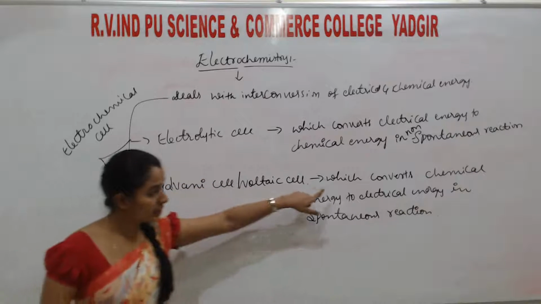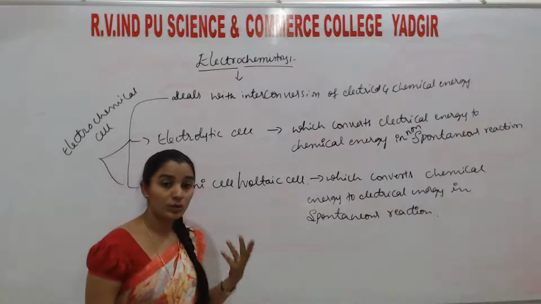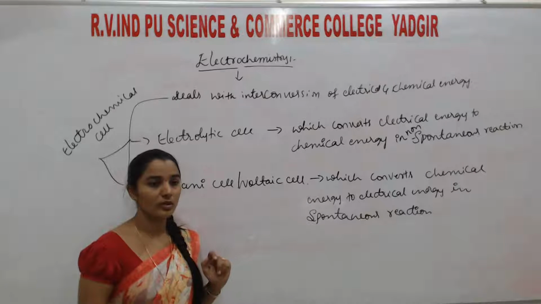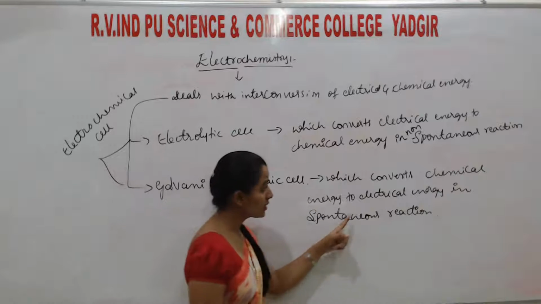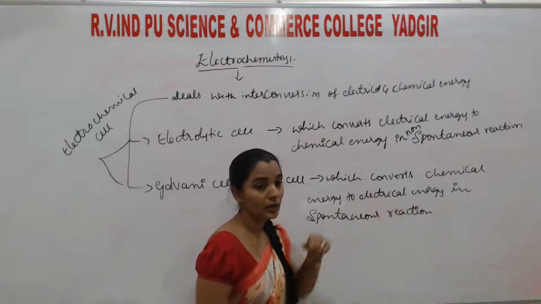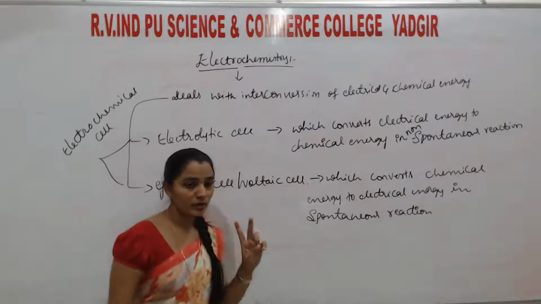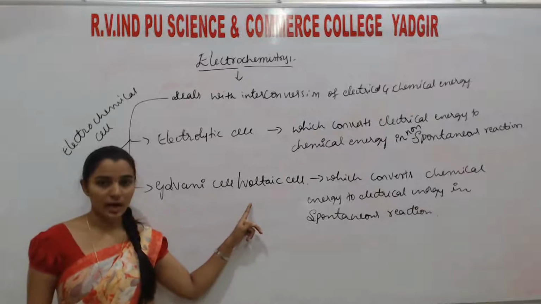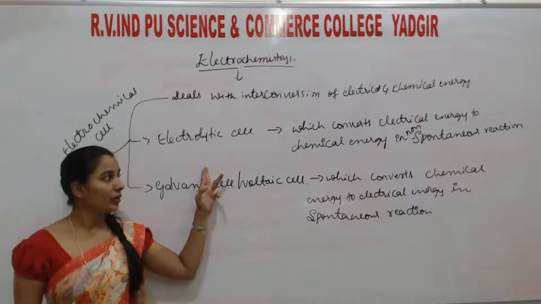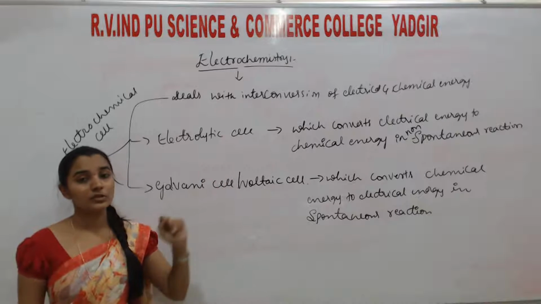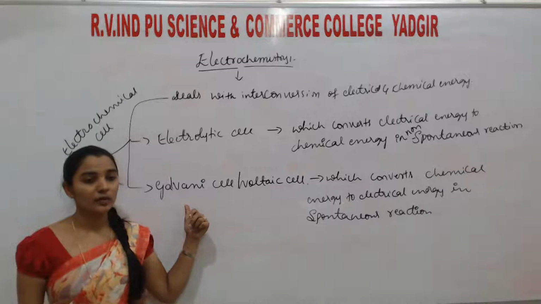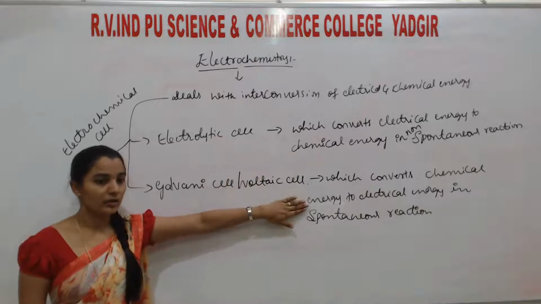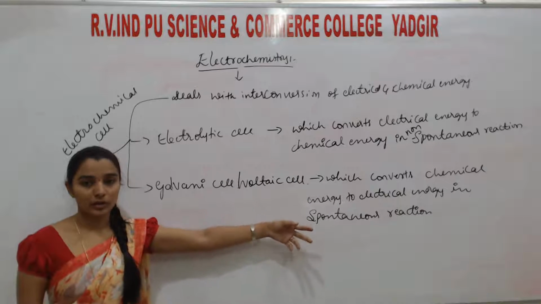Understand? So listen, the galvanometer, you know, is used to measure the electric current. The voltmeter is used to measure the voltage. But here it is chemical energy to electrical energy. So two types of electrochemical cells are there: one is electrolytic, another one is galvanic or voltaic. Electrolytic is electrical to chemical. Voltaic or galvanic is chemical to electrical.